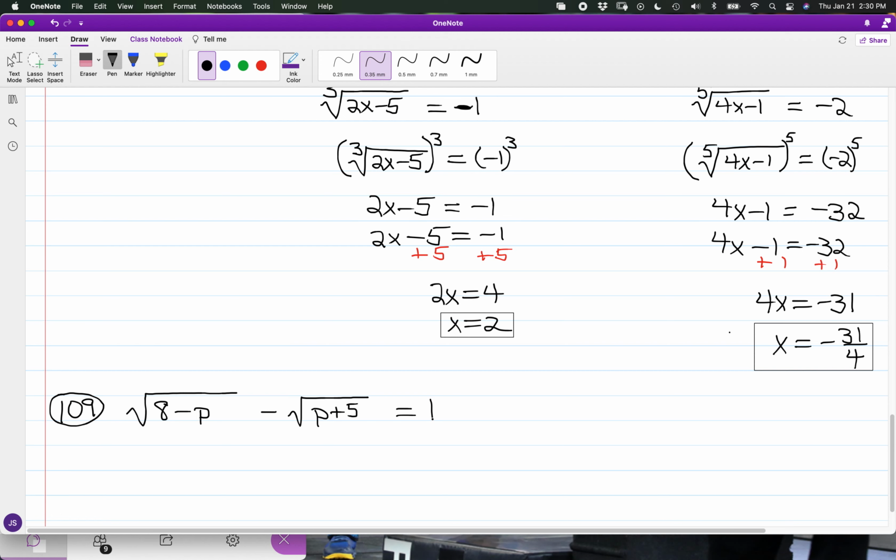So notice we have not one radical expression like we have had throughout the examples and problems we have encountered so far, but 2. And what you can do here is isolate either of these 2 radicals and just move the other. Say we just leave the square root of 8 minus p by itself on the left, I can just move the square root of p plus 5 over by adding.